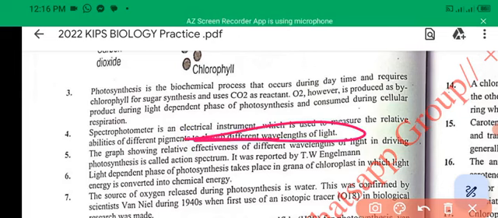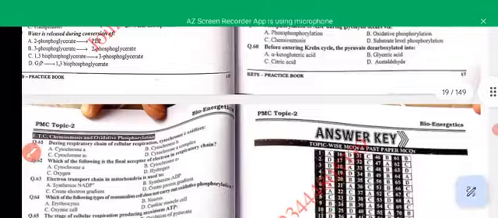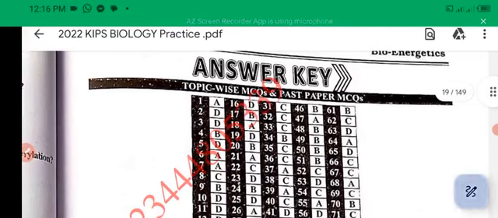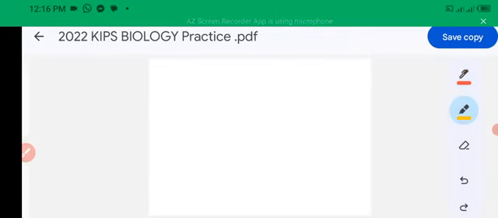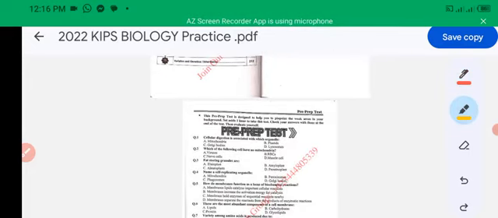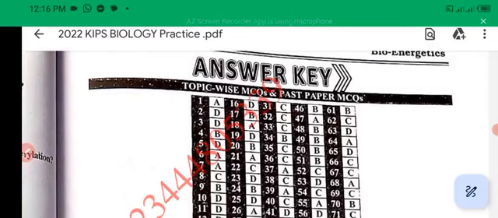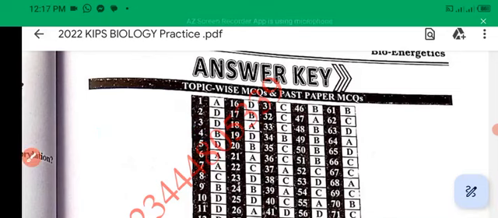Yes, here is the wavelength of light, and the correct option is D instead of B. So we have to correct this. The fourth option is D.